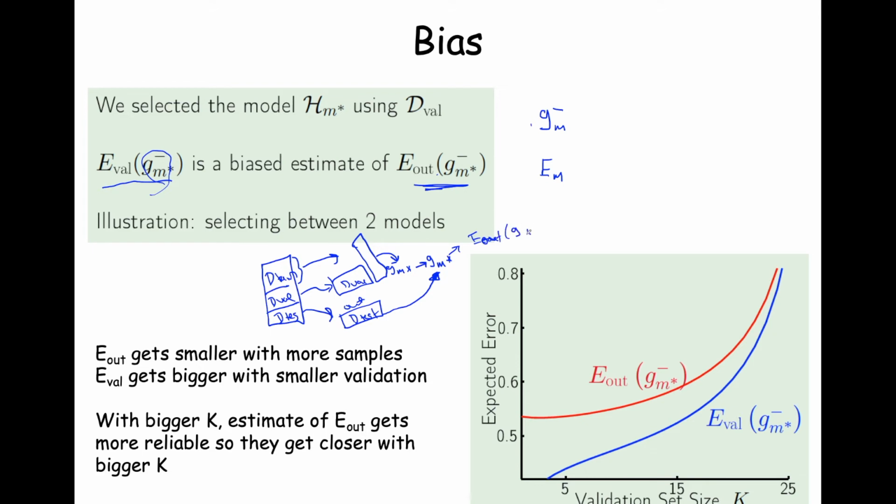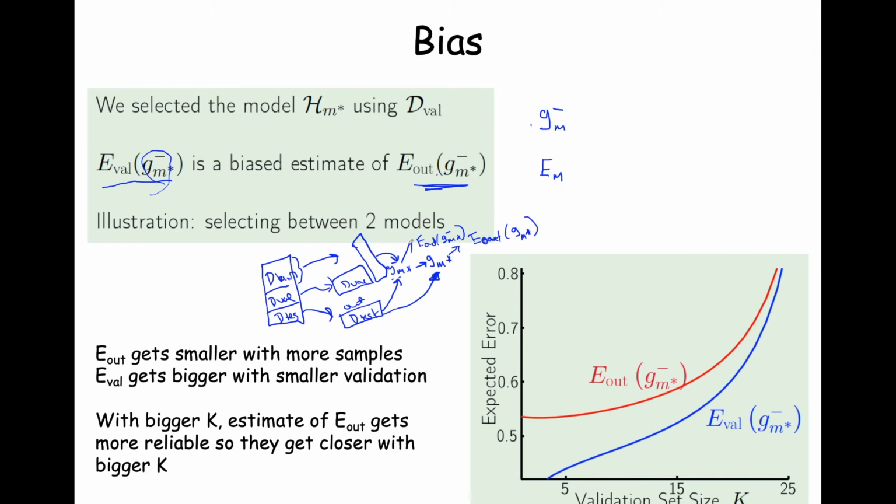of g_m star. Okay. Now, if you wanted E out of this g_m star minus, you would just take this test set and run it on that selection of your limited version of the final best hypothesis. And this is going to give you E out of g_m star minus. Okay?